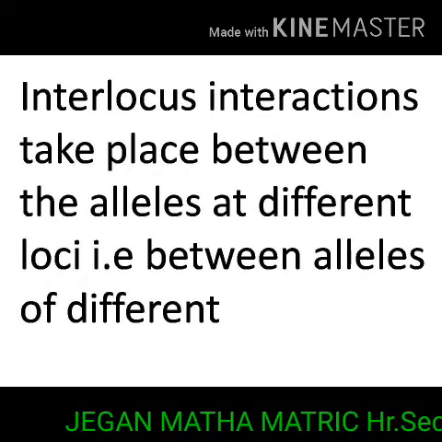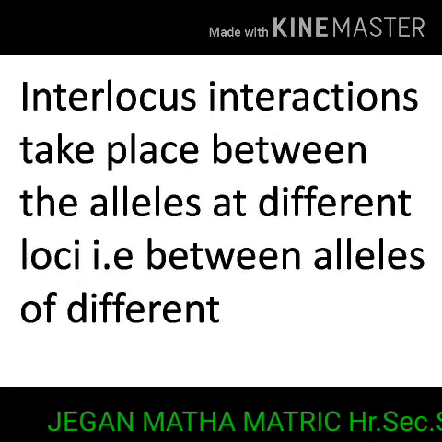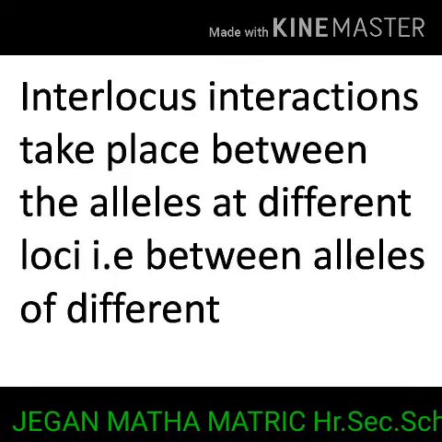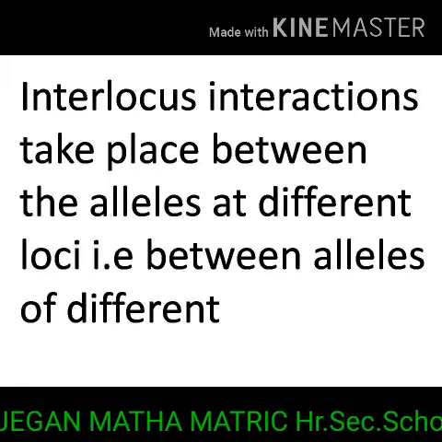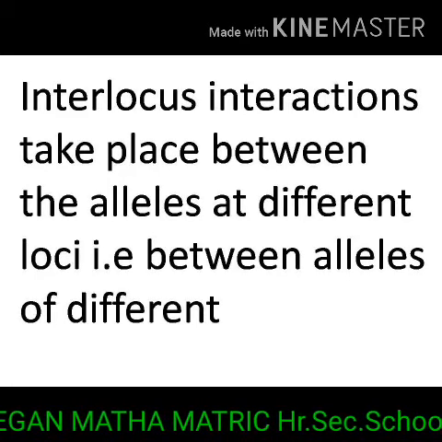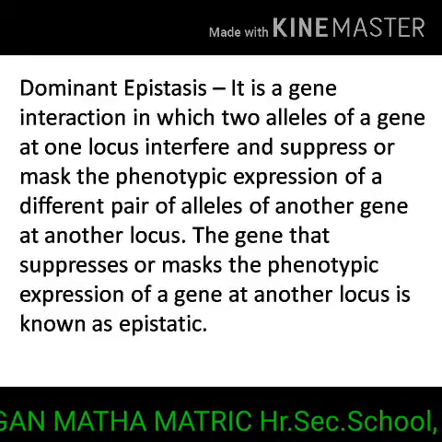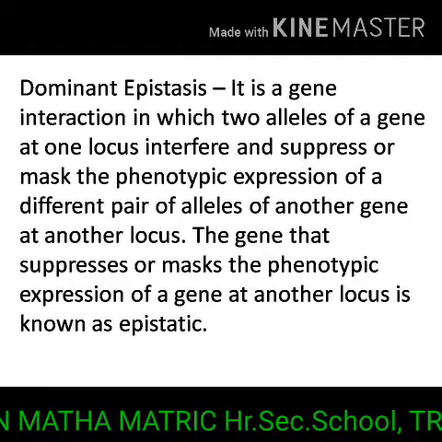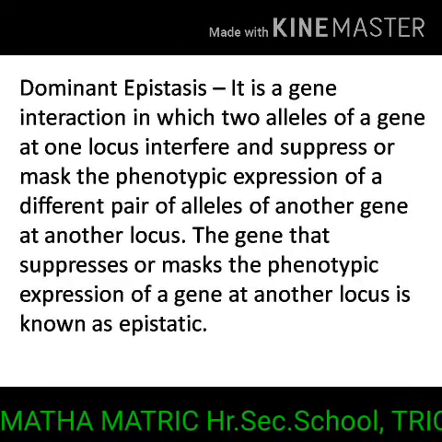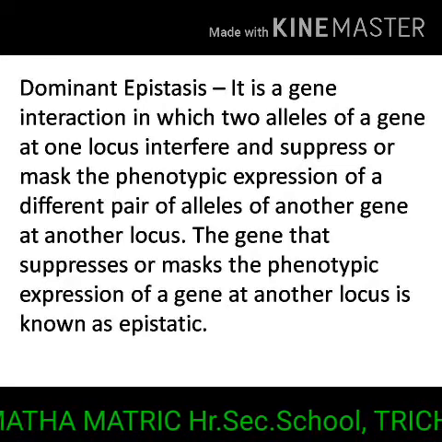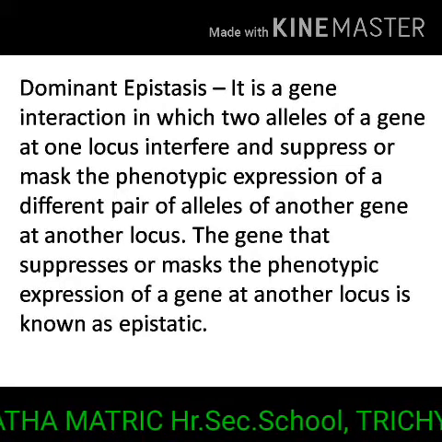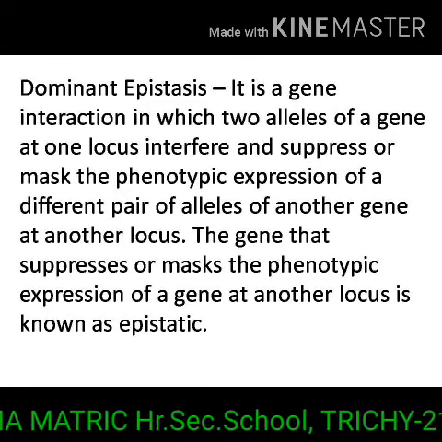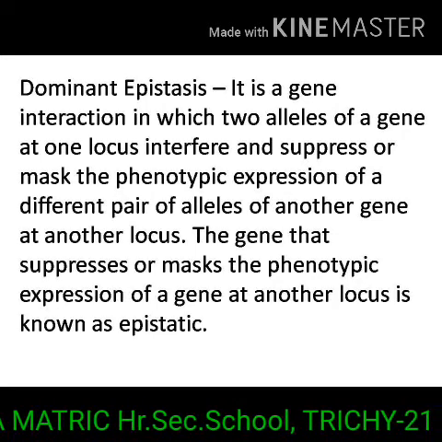Intergenic gene interaction. Interlocus interaction takes place between alleles at different loci, that is, between alleles of different genes. Dominant epistasis is a gene interaction in which two alleles of a gene at one locus interfere and suppress or mask the phenotypic expression.